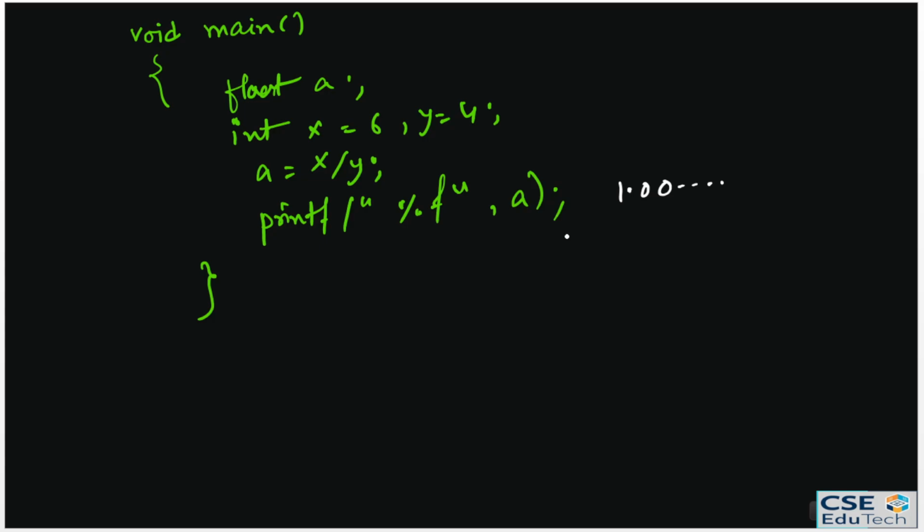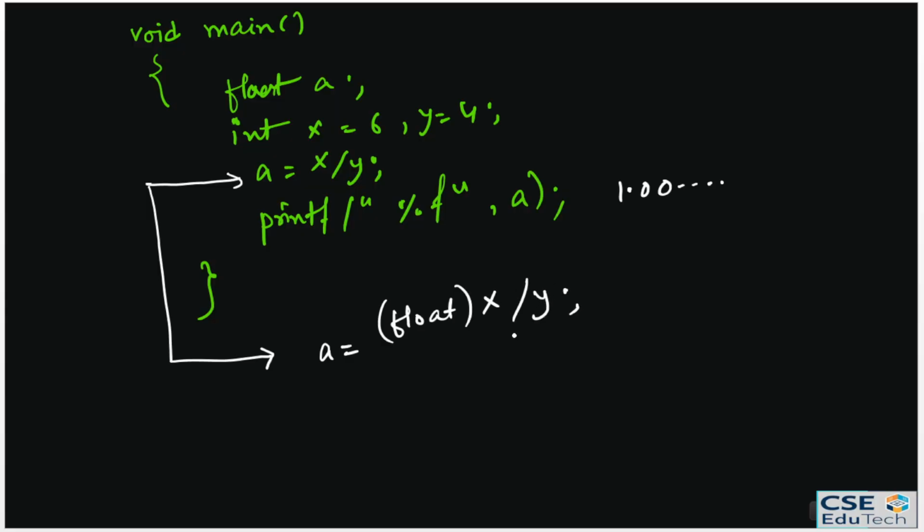To obtain this actual output, we have to change this line. If we change this line to a equal to float of x by y, then at that time it will give you the output 1.500 and so on.